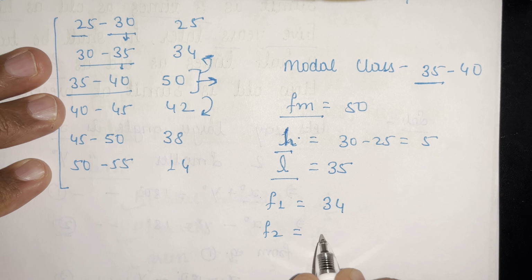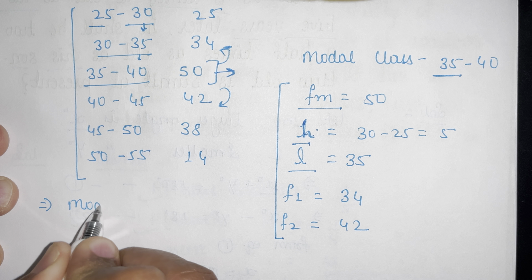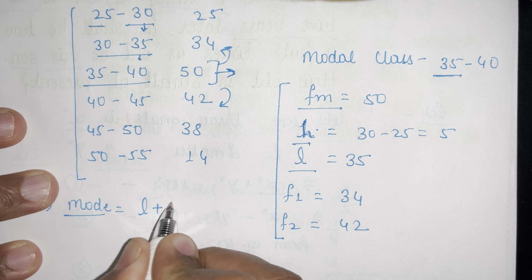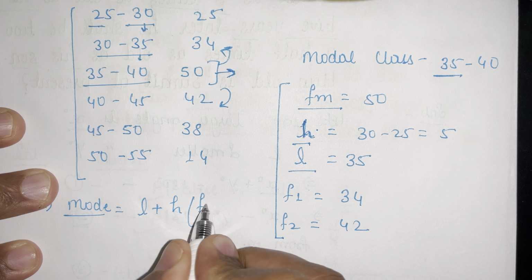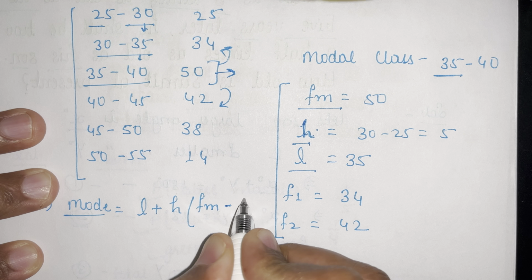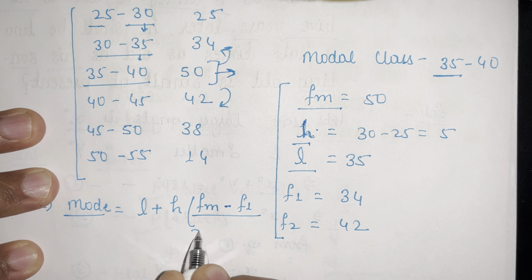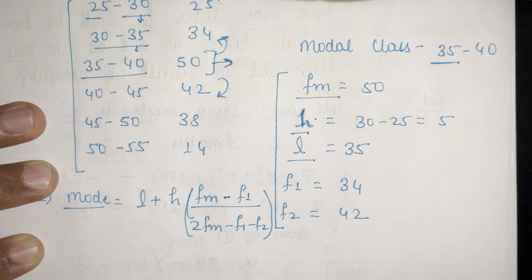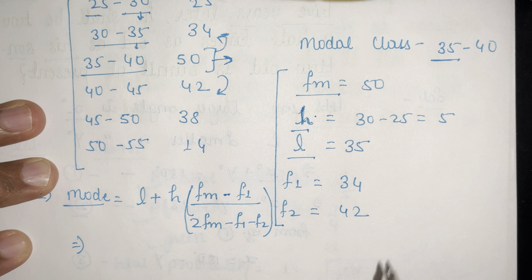Now comes the main part, the formula for finding the mode. That will be L plus H times (FM minus F1) divided by (2 FM minus F1 minus F2).